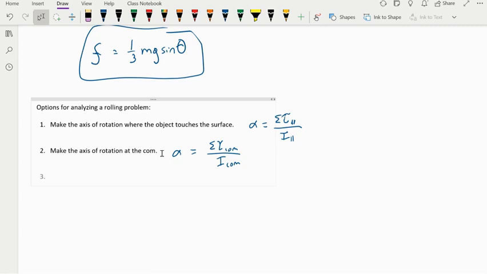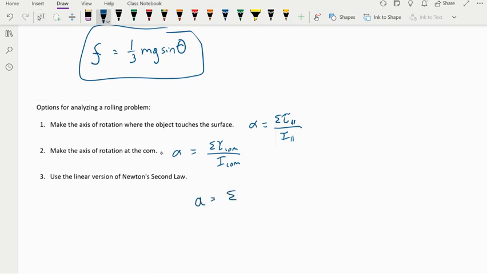to simply use the linear version of Newton's second law. And by that, I simply mean acceleration equals add up the forces divided by the mass. Now, one thing about that equation is what acceleration are you getting?